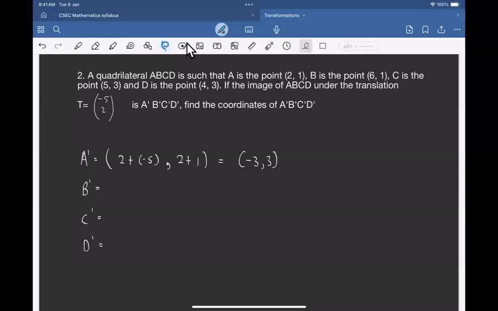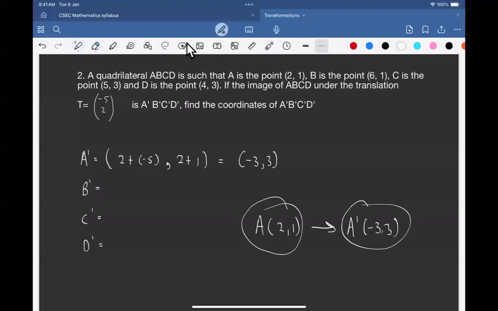All correct. Nice. There's nothing really wrong with what you do there. If you're writing it like that though, I would advise you to say the object 2, 1 going to A prime, minus 3, 3, right? Like that. So you're going from the object to the image.